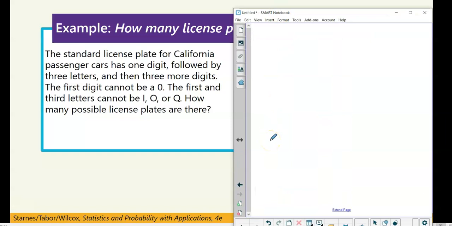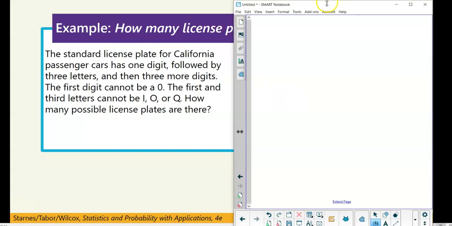I would write out the blanks because we're going to multiply here. We've got 7 characters: one, two, three, four, five, six, seven. The first one is a digit, but no 0 here.